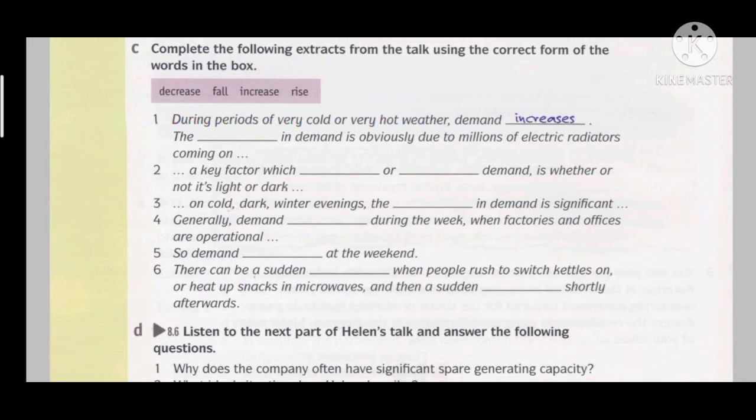So, demand falls at the weekend. ده العكس بقى. بيعلى أثناء الشغل الأسبوع عشان في شغل، وبينزل في الويك اند في الأجازة. 6. There can be a sudden blank when people rush to switch kettles on. So it is what? There can be a sudden rise. ارتفاع. When people rush to switch kettles on or heat up snacks in microwaves, and then a sudden fall shortly afterwards.